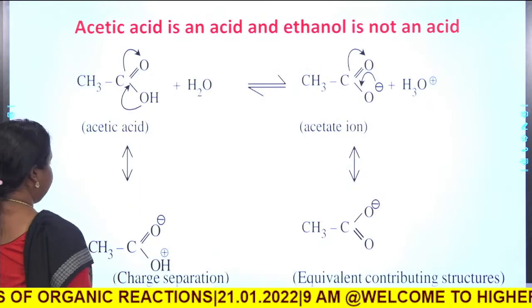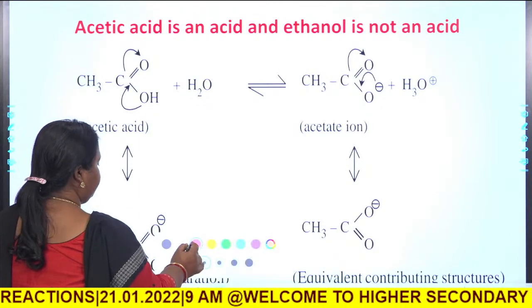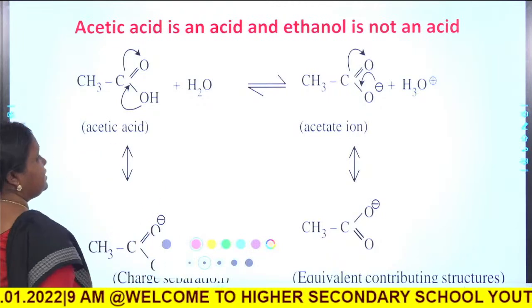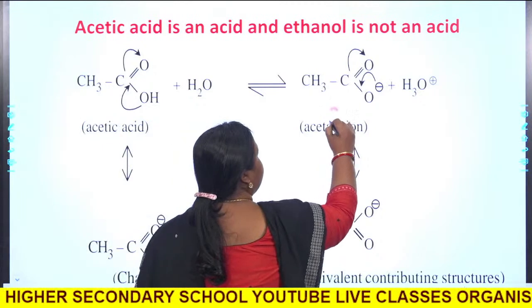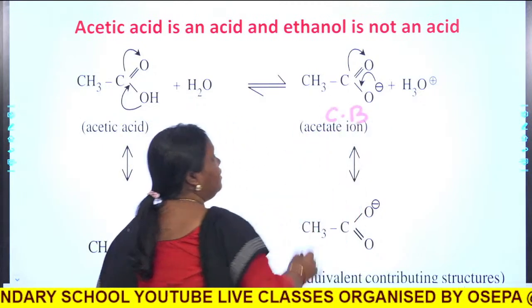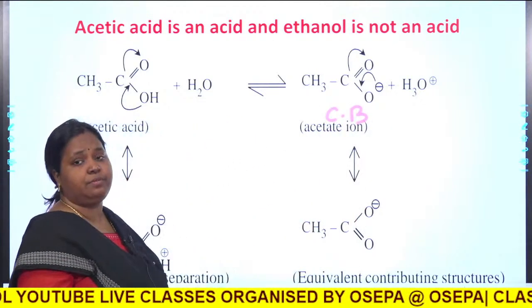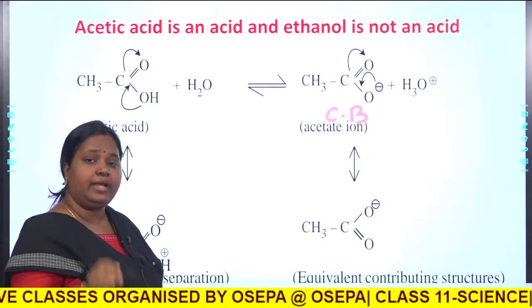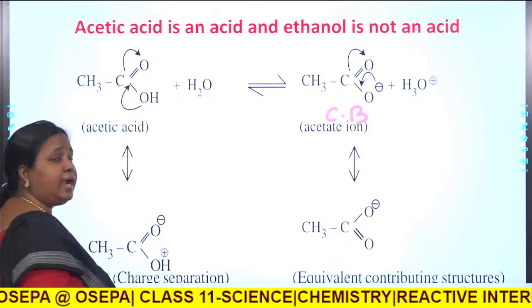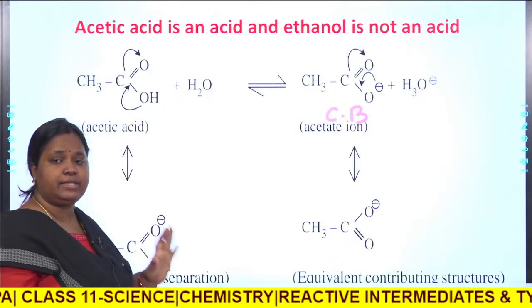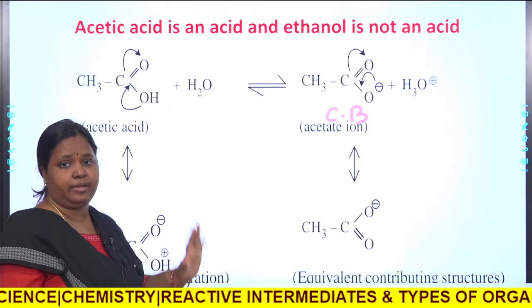So, let us see acetic acid. In case of acetic acid, we have to prove that its conjugate base, that is the acetate ion, must be more stable than the acetic acid, and it can be proved with the help of resonance. Let us write the resonating structure for acetic acid and acetate ion.